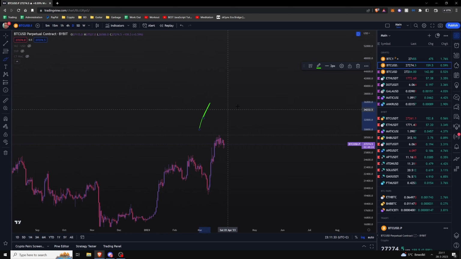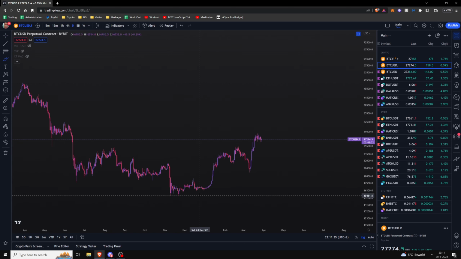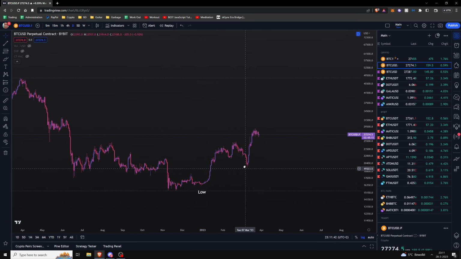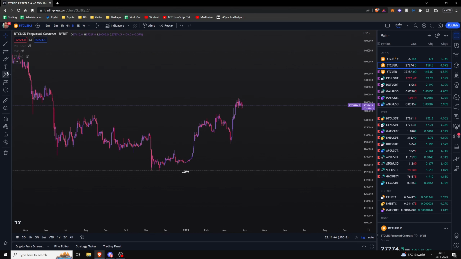So we put in a low here. This is our low, let me just mark that off. And now we made a high here, and that was actually higher than the high we had back here, which makes this a higher high.